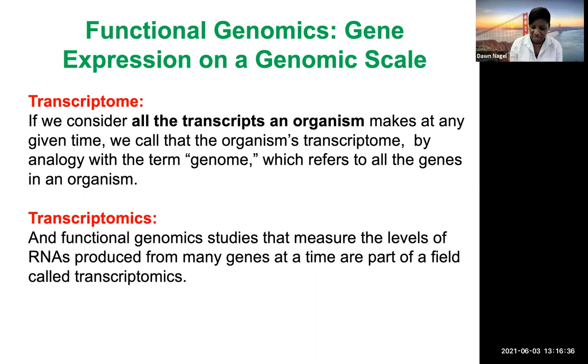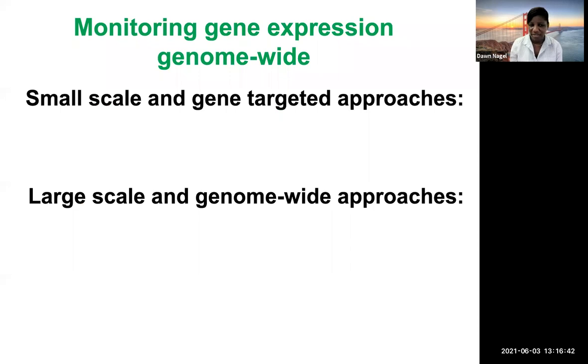In our previous discussions, when we were going over transcription, we talked about methods that we can use to just look at a particular gene, right? When we try to study gene expression, looking at a particular gene, how is that gene expressed, where it's expressed, what time in development it's expressed.